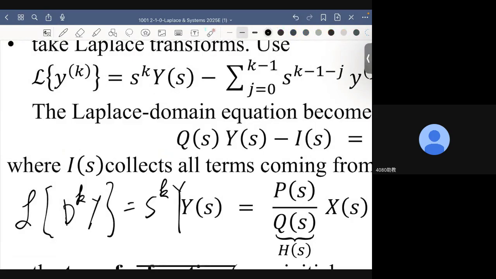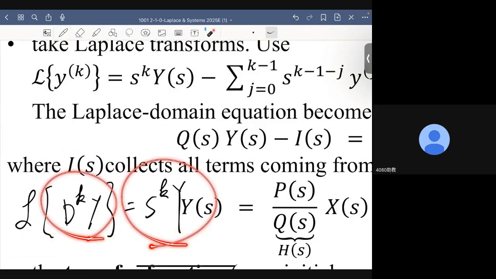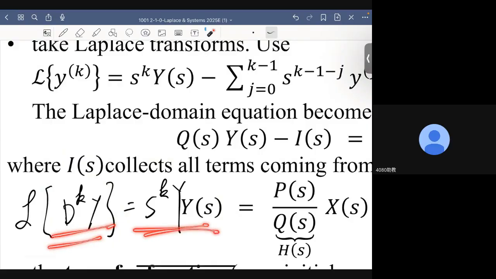So the representations in the time domain and the s domain are actually very, very similar, at least on the surface, in appearance. Here, the mathematical operation is differentiation.